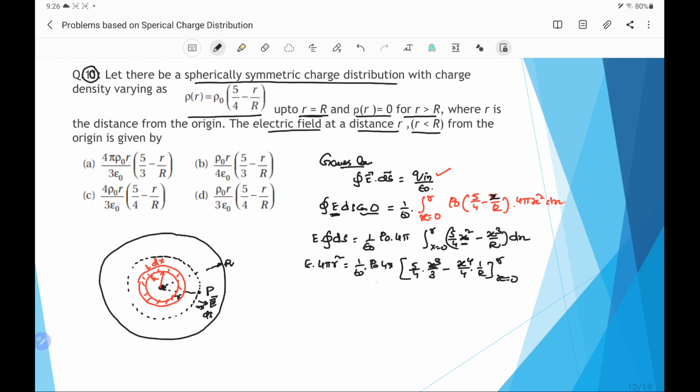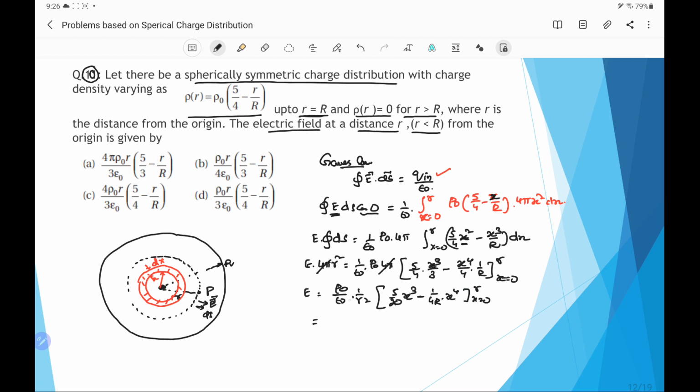So cancelling the common constant terms, 4 pi and 4 pi get cancelled. So E will be equal to rho naught by epsilon naught times 1 by r square, and here it is 5 by 12 x cube minus 1 by 4R x to the power 4, from x equal to 0 to r.